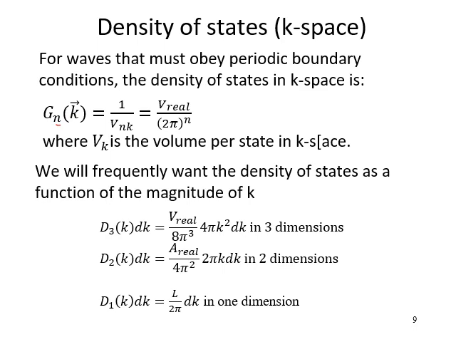We're going to frequently want to calculate the density of states as a function of the magnitude of k, not just how far apart the states are, how much volume does a state occupy, but because energy, for example, only depends upon the magnitude of the wave vector, we want to know how many states occupy a volume between k and dk in various dimensional systems.